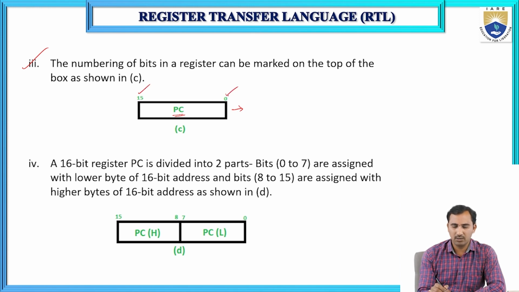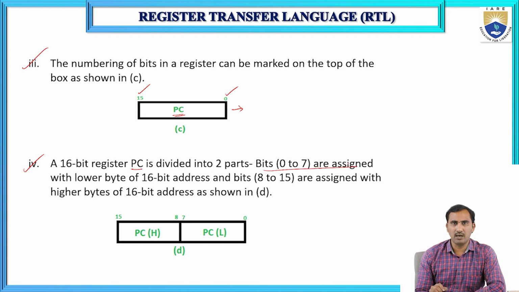So by specifying this on top of the box, top of the register, we can easily say the size of the particular register. And the second and last one, a 16-bit register PC, is divided into two parts.